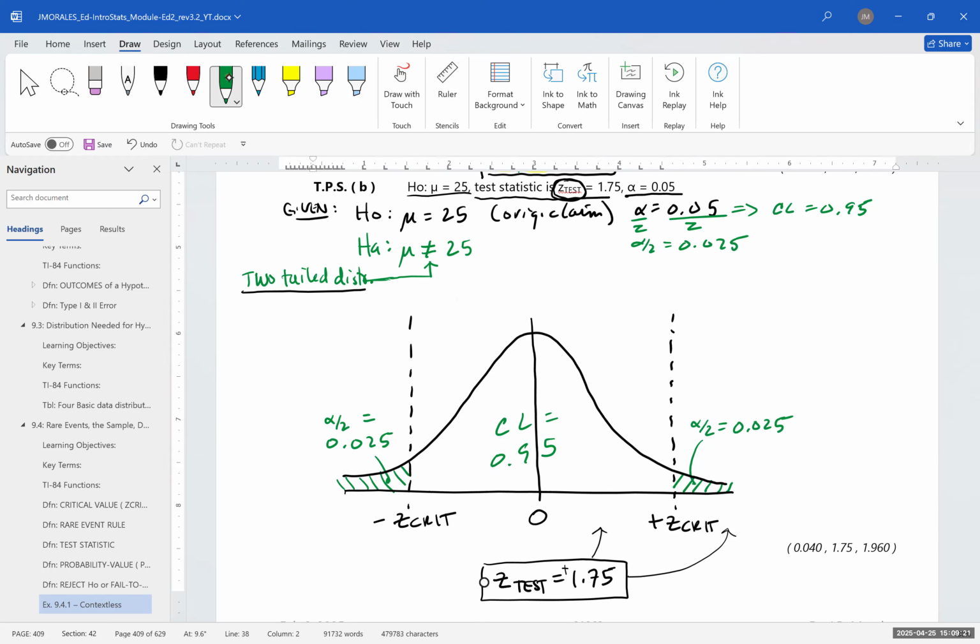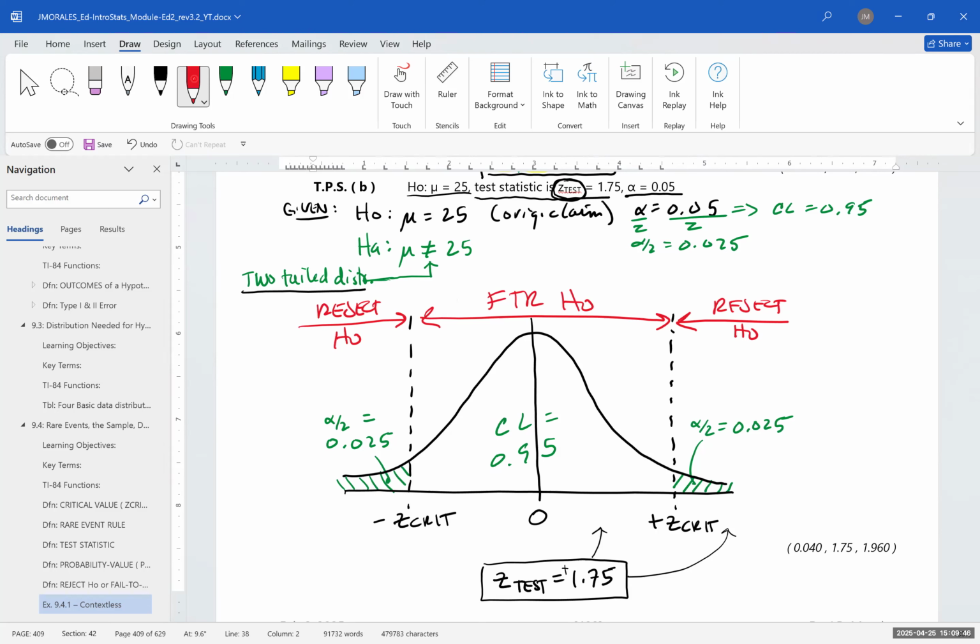And why is that important? Well, that's important because over the significance level, we have this region, which is to reject the null. And between the two critical values, this is where you fail to reject the null.